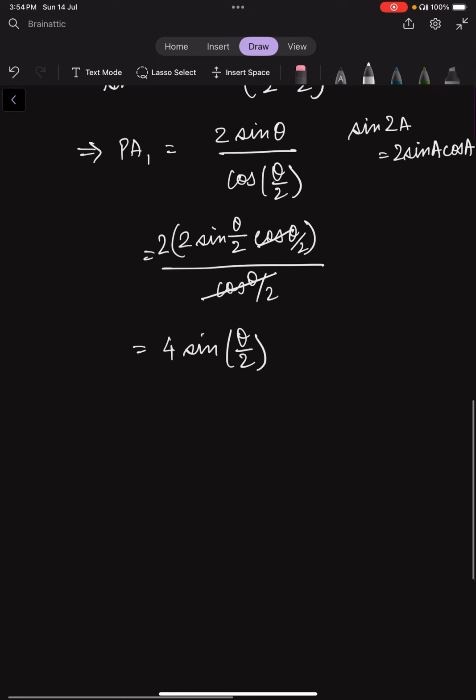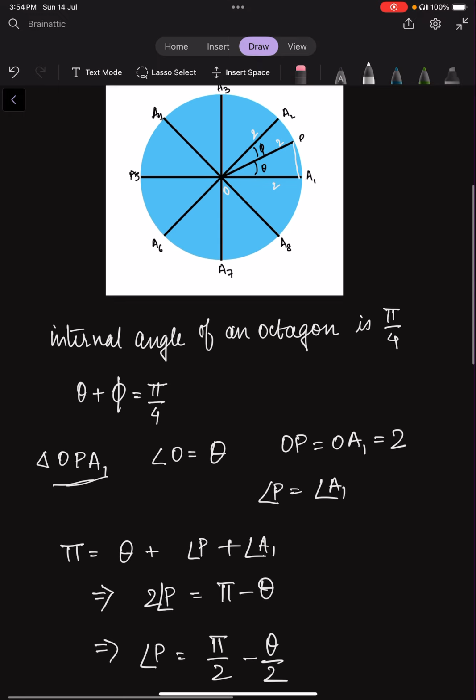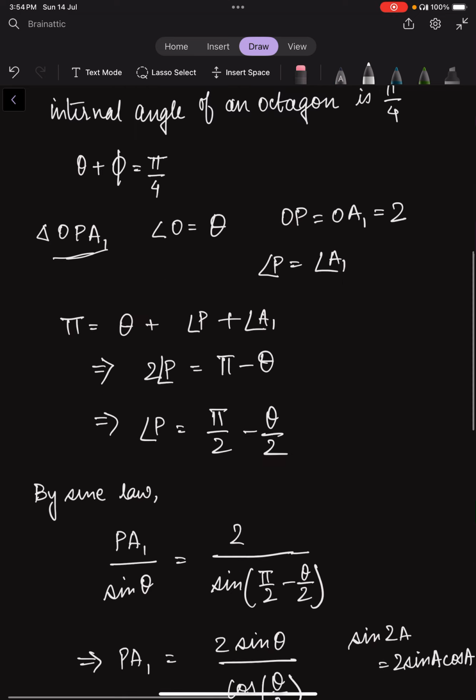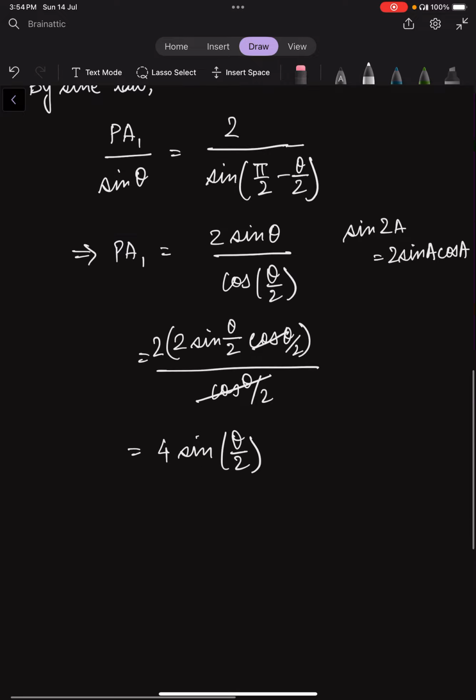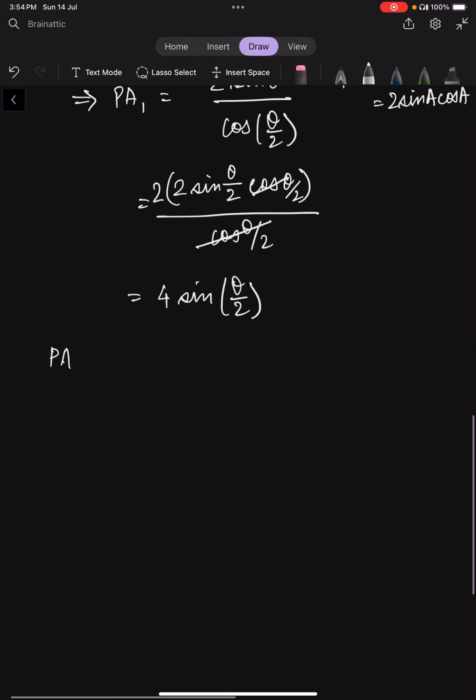On similar logic, I can use the same concept and fill up for all the points A8, A7 and A6. So PA8 is equal to 4 sine of (pi by 8 plus theta by 2). Let us say this is alpha 1 and this is alpha 8.